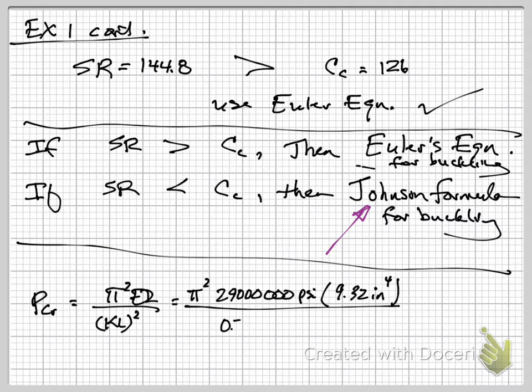KL was 0.7 times, pretty sure this is 300 inches, quantity squared. Let's go ahead and check our units just to make us feel good. Square inches and the inches squared, we'll get rid of this and we'll end up with just pounds, which is what we want. And so we feel pretty good about that. And I get a value of 604,000. Nope, I'm sorry, I misspoke.